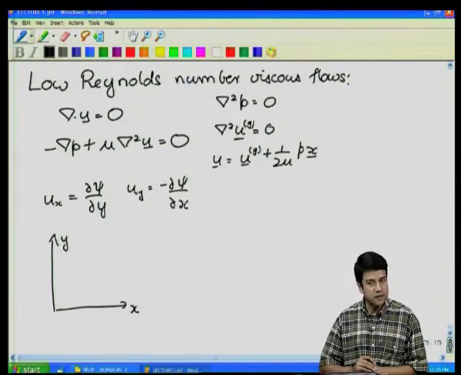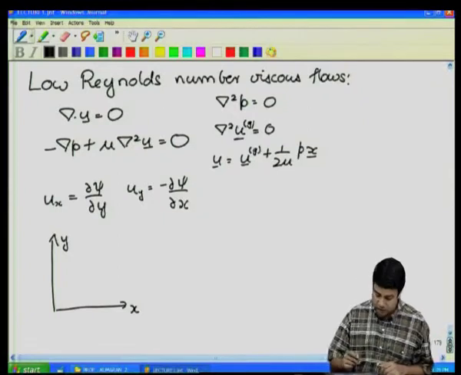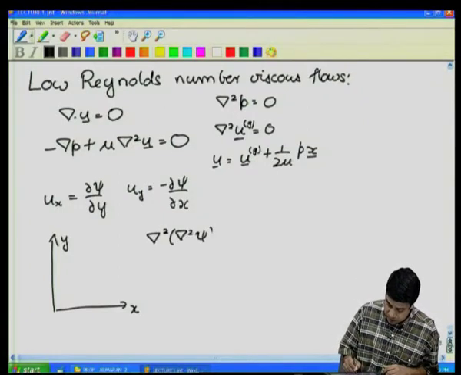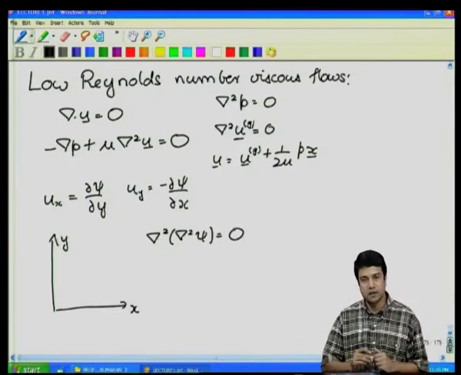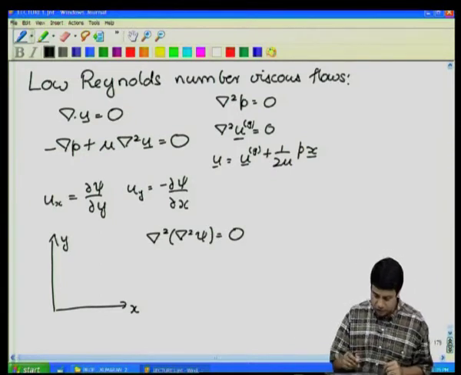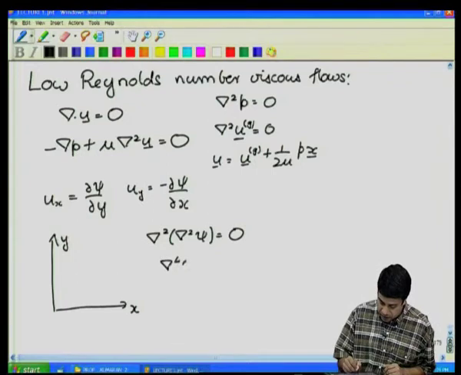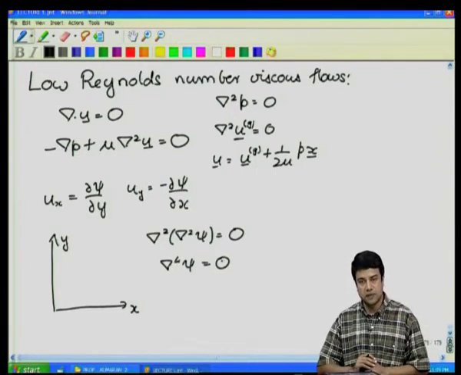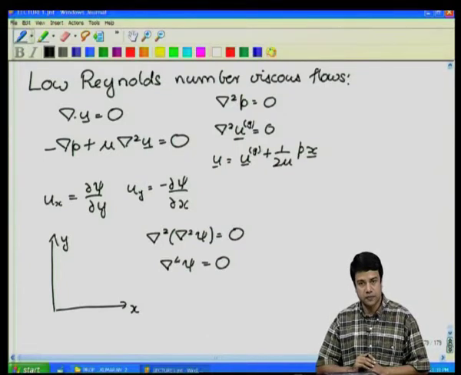The momentum conservation equation, when I express the velocity in terms of the stream function, gives me the Bi-Harmonic equation, del square del square psi is equal to 0. Or alternatively, the fourth order derivative acting on psi is equal to 0.